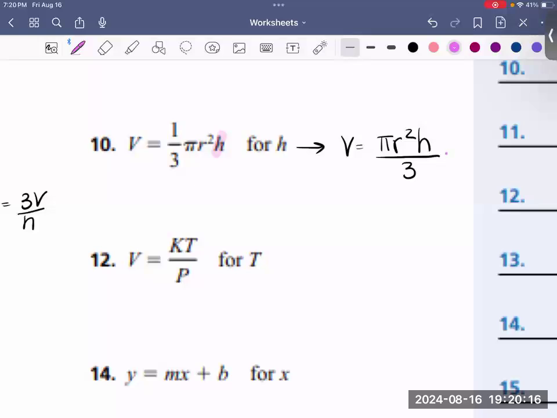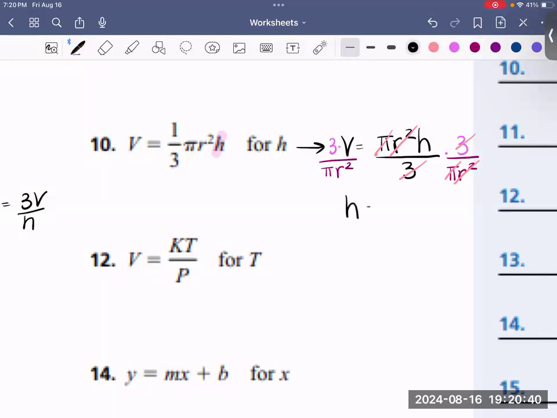So we're going to multiply both sides by 3. And we're also going to divide by pi r squared. This way we can cancel out your 3. We can cancel out your pi. We can cancel out your r squared. And you're doing it to the other side.